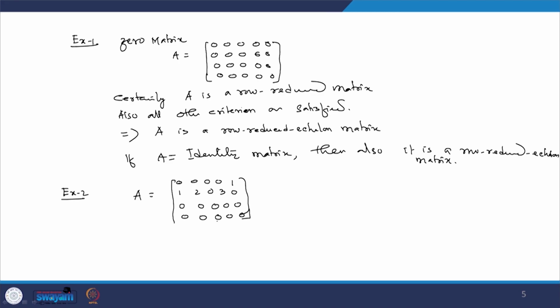So, I have taken again a 4 cross 5 matrix. Let me check, does it satisfy the definition of my row reduced echelon form? Is it a row reduced matrix?